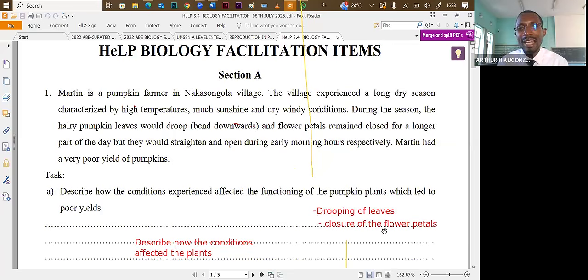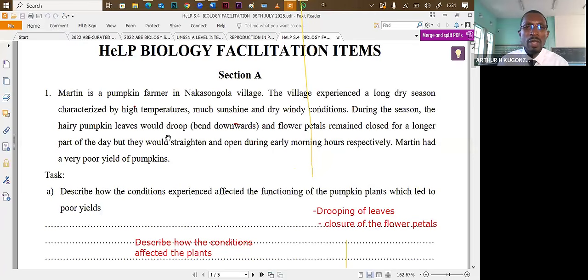Now the question is, is that all? In most cases, it is not all. These are not the only expected responses. So it means that there is a point that we also need to extract that perhaps we have not yet seen. And when you look at the phrasing of this scenario, you realize that most of the answers are coming from this third statement here: during the season, the hairy pumpkin leaves would droop.